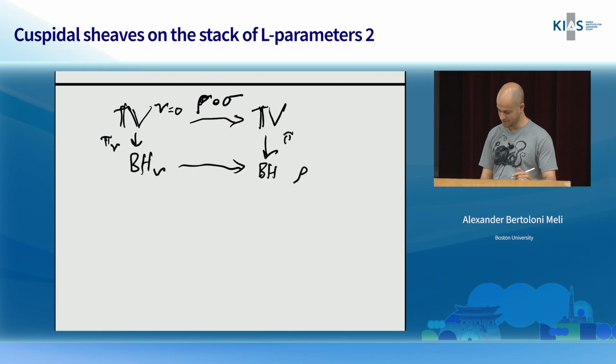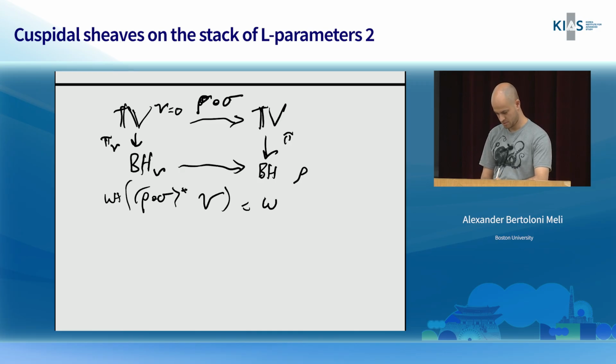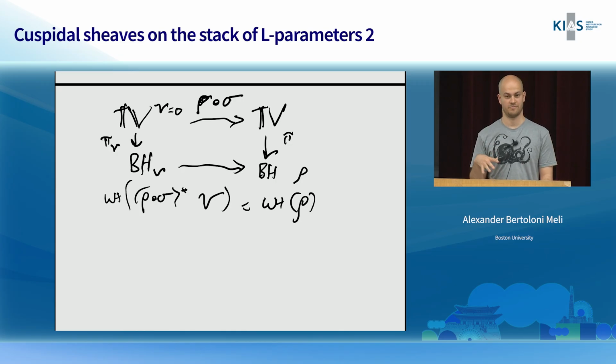actually we get something really nice, which is that the weight of P, these are the same thing as the weights of rho as a representation. We fix the maximal torus of H, and we can consider the weights. Okay.